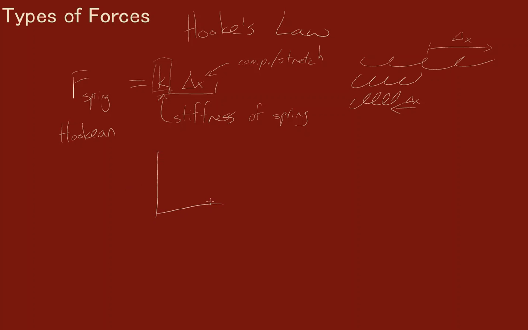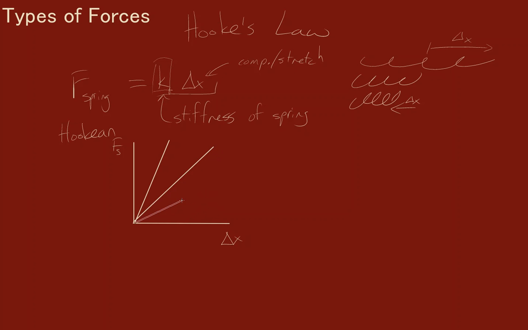So basically, if we graph the force and the compression, so this is how hard we're pulling on the spring, and this is how much we've stretched it, then the force would scale linearly.